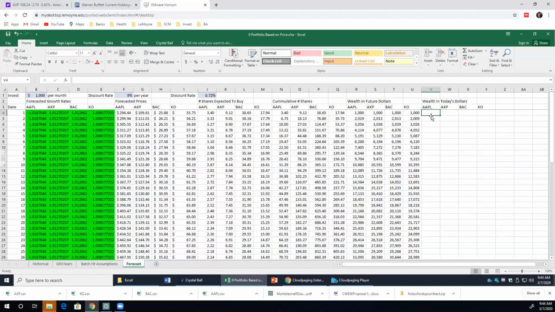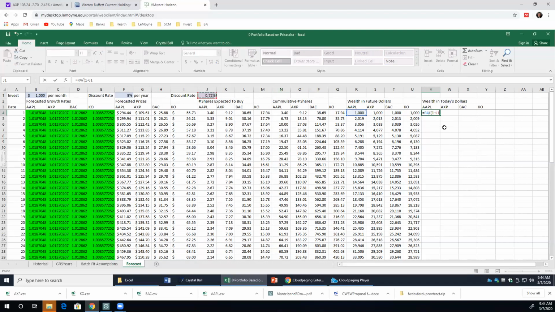All right, so now I can discount this cash flow. These are not the cash flows, wealth, and calculate the cumulative wealth. Again, these are all cumulative numbers. You cannot add them up. They're all added up together in today's dollars. So what I could do is I could discount this, divide by 1 plus the monthly discount rate.